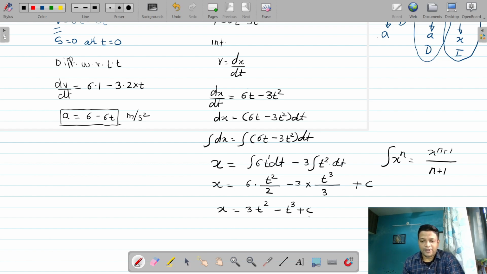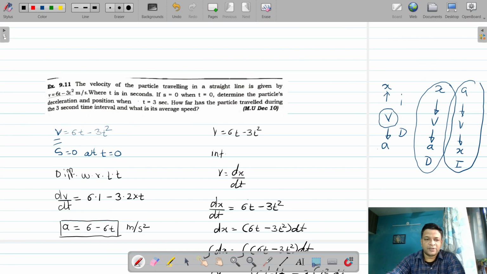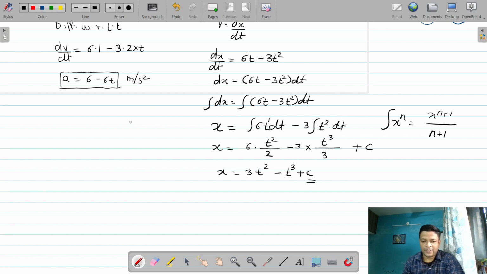Now we'll find the value of c. The boundary condition given is s is equal to 0 at t is equal to 0. We'll use that; s means x. So x is equal to 0 at t is equal to 0. By putting these values in, x is 0, t is 0, so this is 0 minus 0 plus c. So the value of c becomes 0.